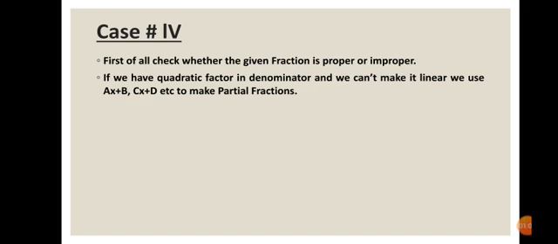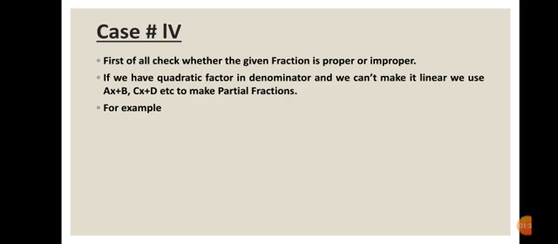But if there is a quadratic factor in the denominator, we will use Ax plus B, or Cx plus D, or Ex plus F and so on. In this way we can make the partial fractions of the denominator.